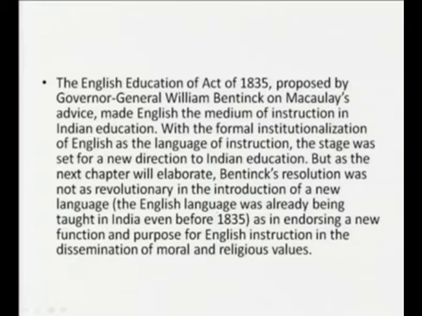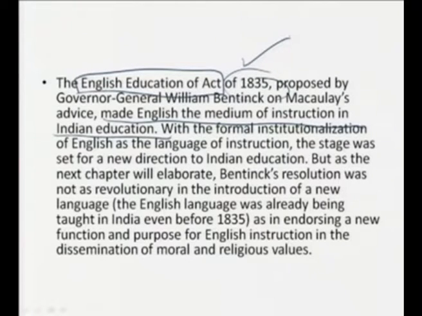Now, reading from Gauri Viswanathan, the English education proposed in 1835 by Governor General William Bentinck on Macaulay's advice made English, and this is very important, 1835, a date that we had mentioned as the implementation phase, the English Education Act made English the medium of instruction in Indian education. With the formal institutionalization of English as a language of instruction, the stage was set for a new direction to Indian education.